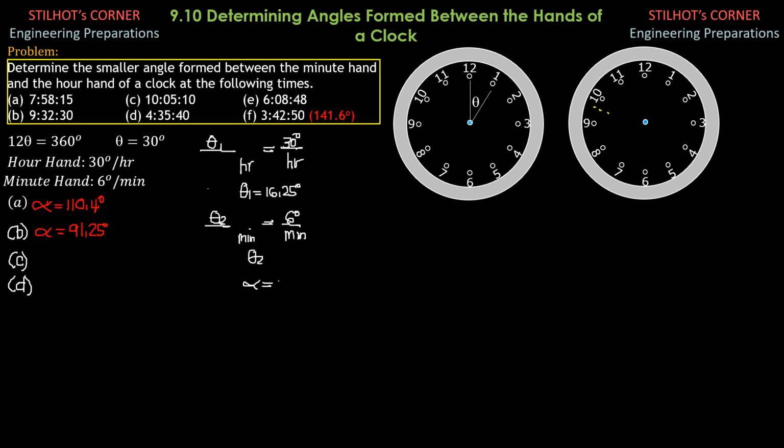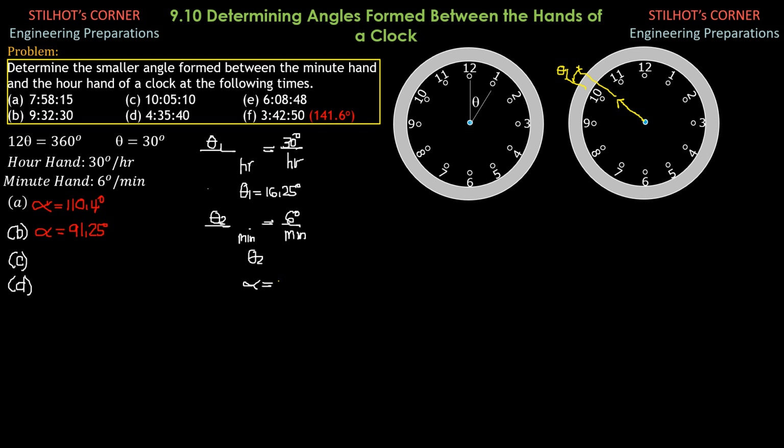So that means the hour hand is between 10 and 11, but closer to 10. This is the hour hand. It was pointing the 10th mark, so I'll call this theta 1.